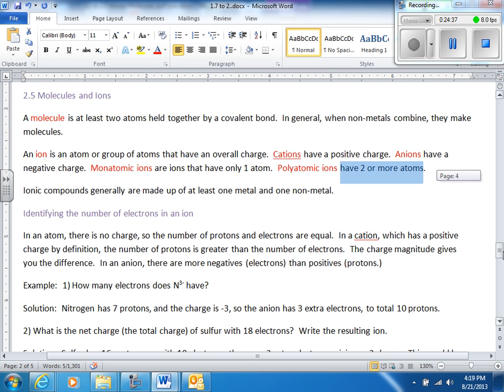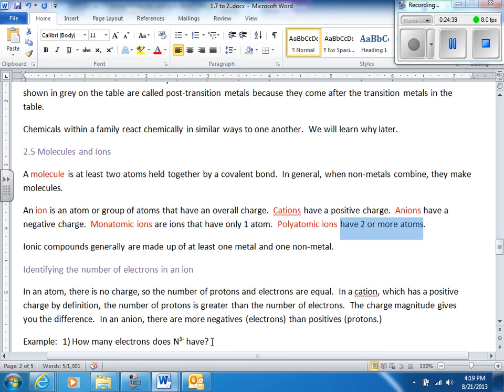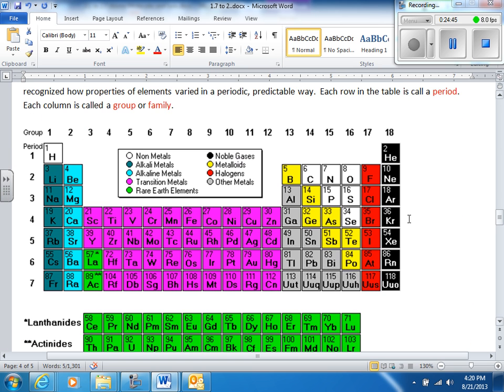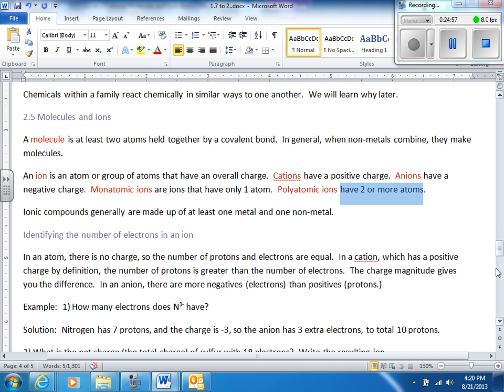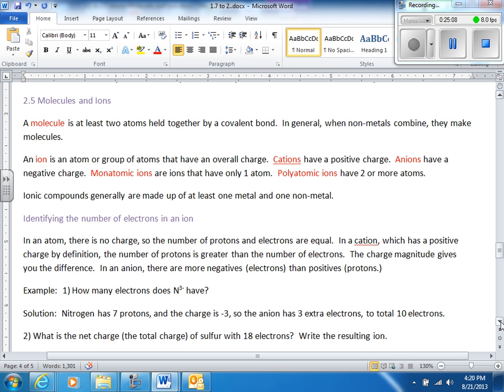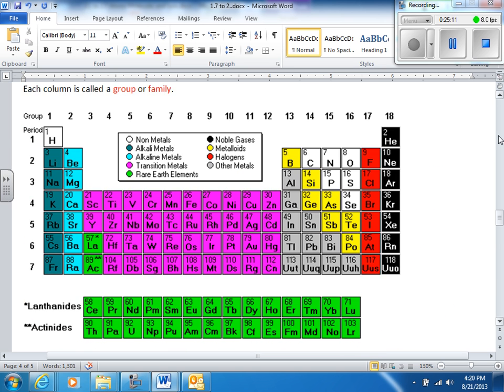So, N3 minus. This is negative. Nitrogen has, let's see, we're over here, 7 protons with a charge of -3, 3 extra electrons. So 7 and 3, 10 electrons. Let's see, did we get it right? 7 protons, -3, 10 total electrons. Typo. Okay, so sulfur with 18 electrons.